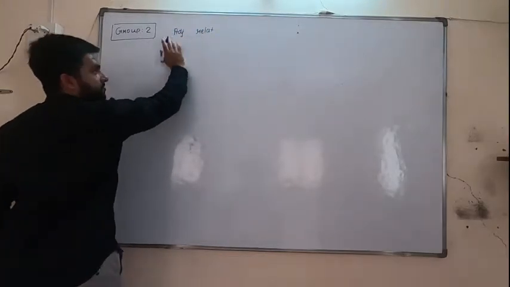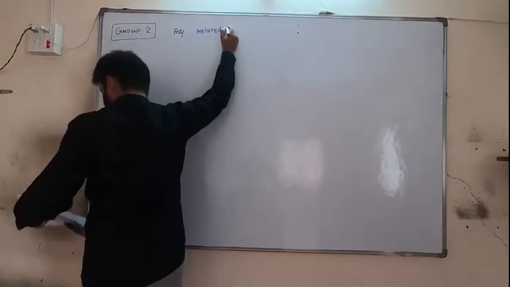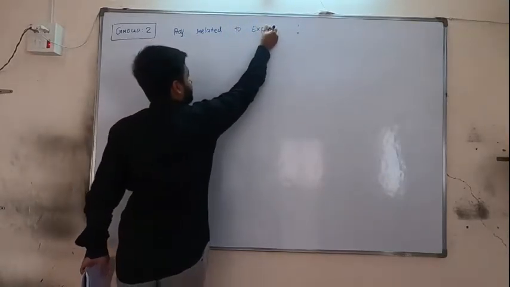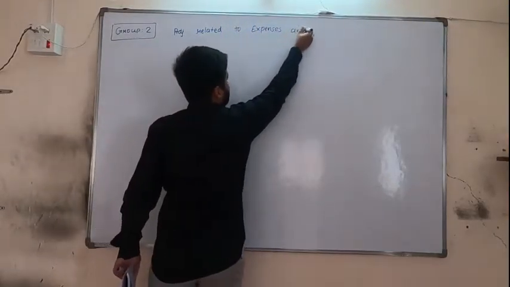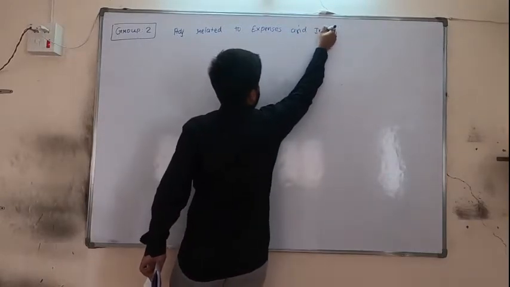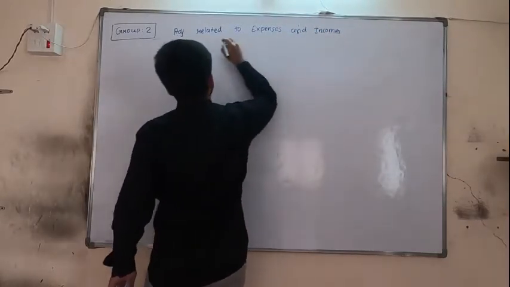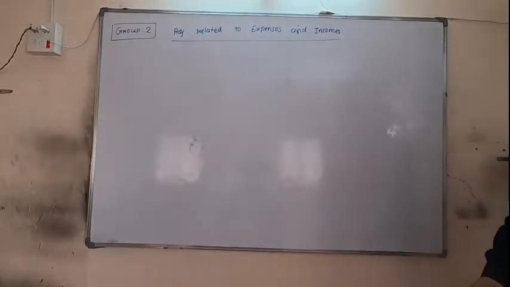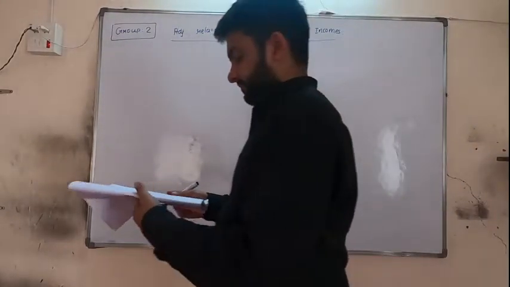ADJ means adjustment, you all know, related to expenses and incomes. The group 2 is about adjustments relating to expenses and income.